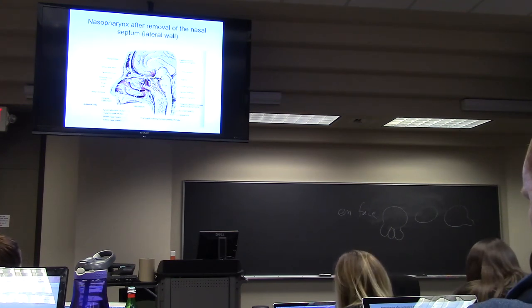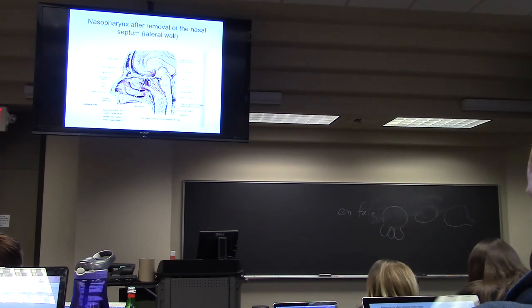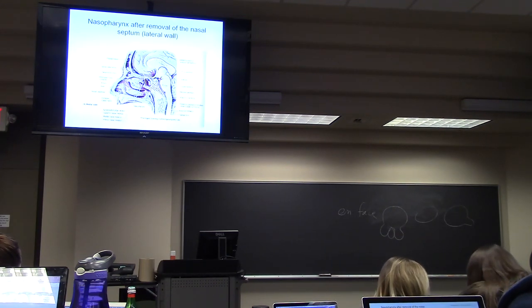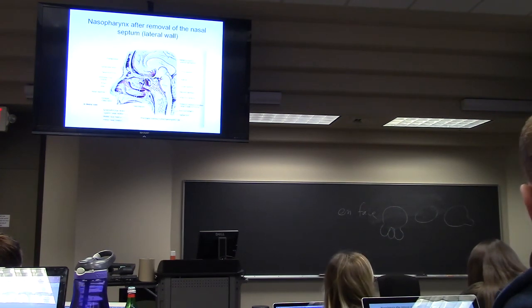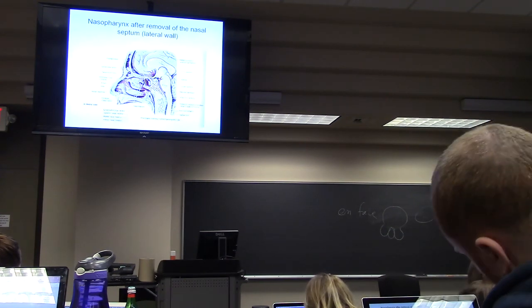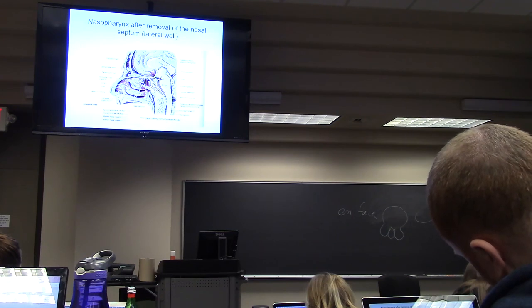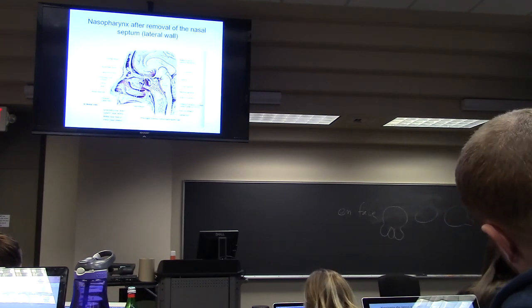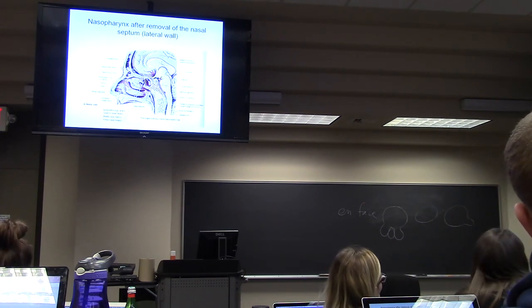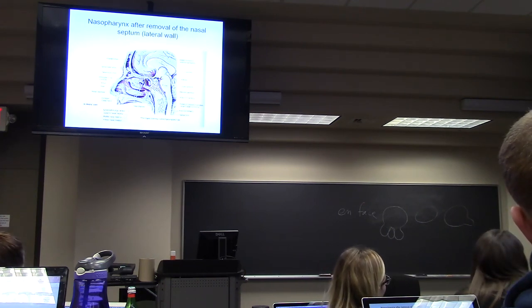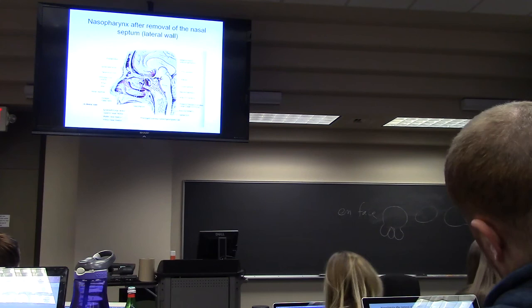Okay. Gotcha. That right there would be the posterior longitudinal ligament. Right there, that's the anterior longitudinal ligament. The posterior longitudinal ligament is going to be right here. Anterior longitudinal ligament is right there.